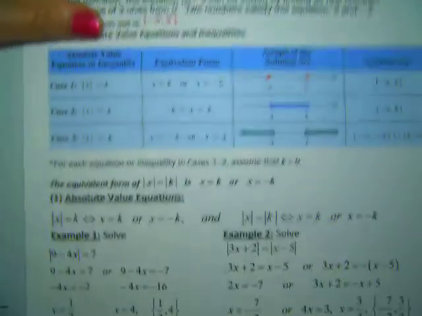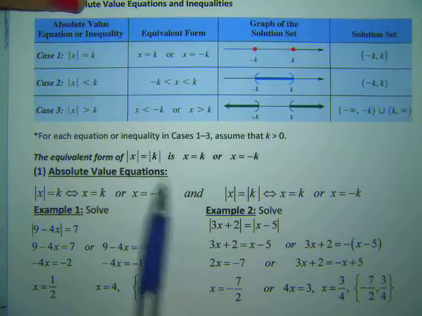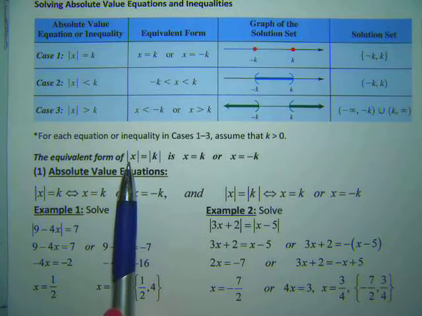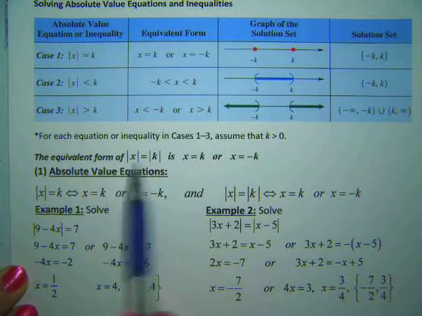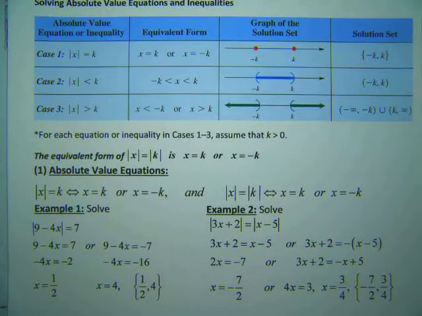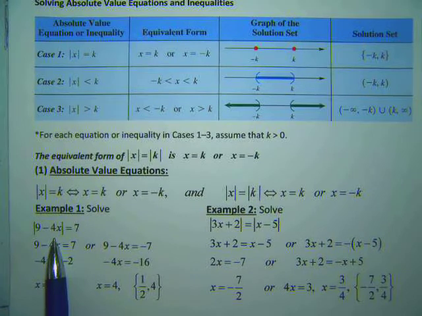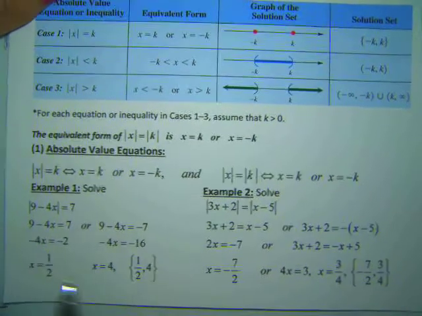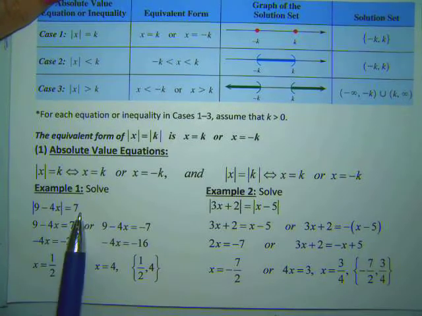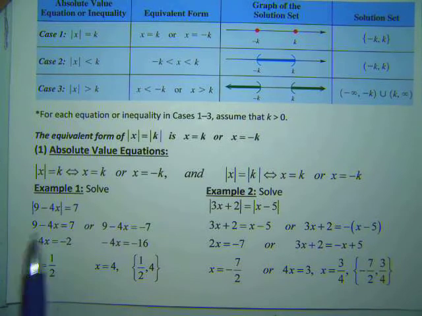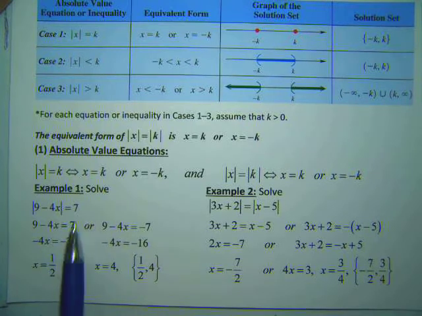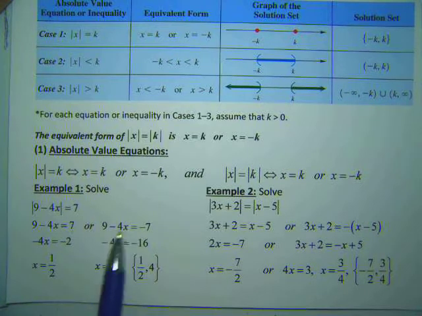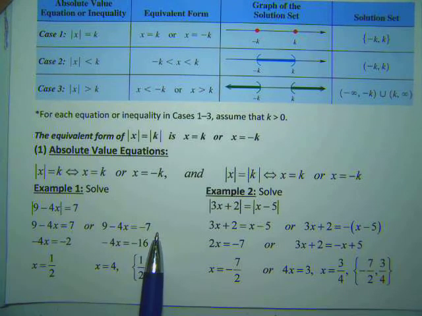For the same reason, if we have absolute value on both sides, it is the same thing. Either x is equal to the positive of the right-hand side or x equals the negative of the right-hand side. We have 2 examples done for you here. The absolute value of 9 minus 4x equals 7. So either what's inside the absolute value equals the positive of the right-hand side, or what's inside equals the negative of the right-hand side.